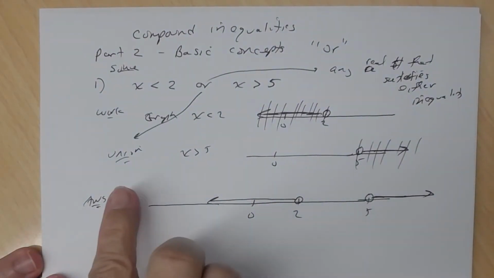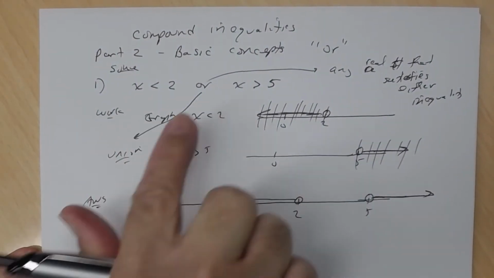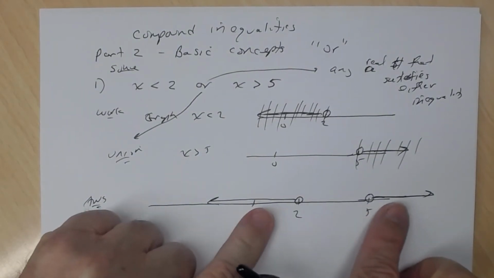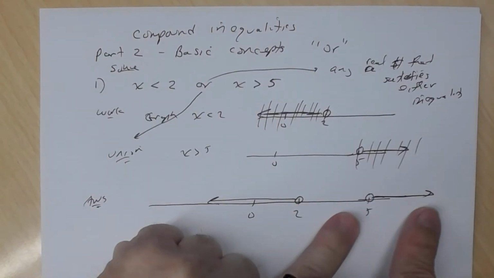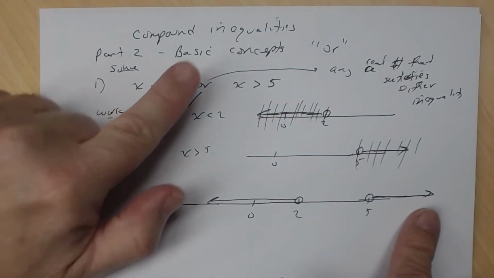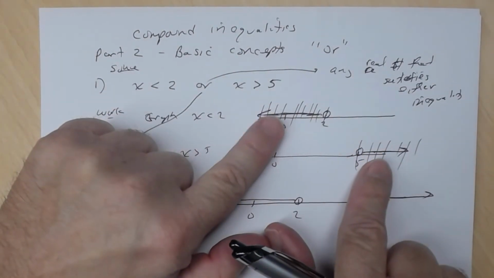So notice that in this compound inequality, this OR statement, your solution is made up of 2 separate parts of the number line. So you have this part of the number line and this part of the number line. Remember, in our statement, anything that's shaded is a solution.